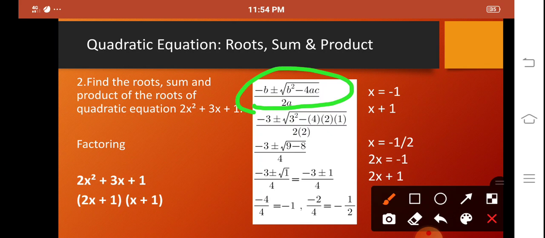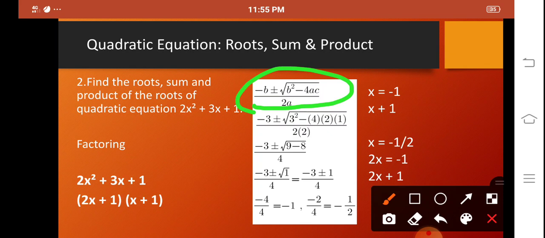So we just substitute values. Our b is 3, so negative 3 plus and minus, again, b is 3. Our c is 1 and our a is 2.